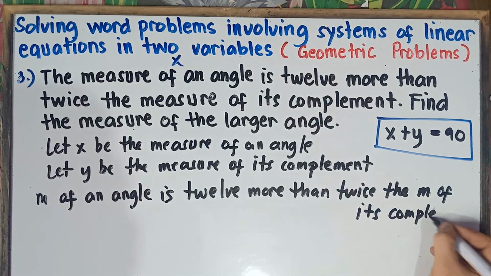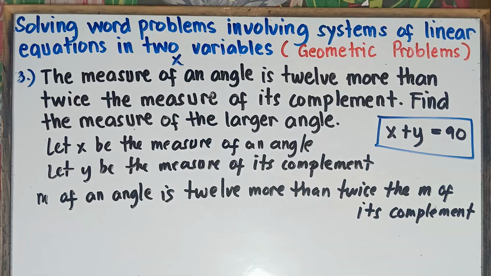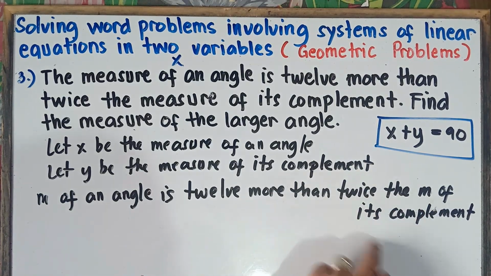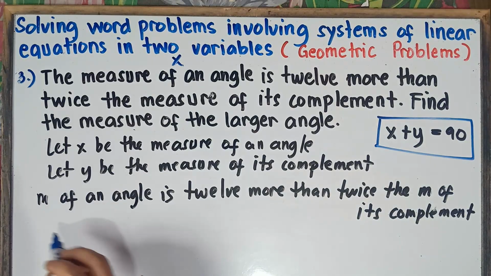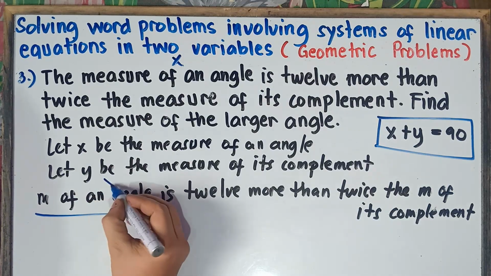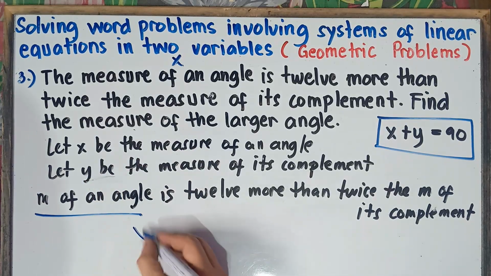Now, how will you write this one, class, in a mathematical equation? The measure of an angle is 12 more than twice the measure of its complement. The measure of an angle we represent as x.